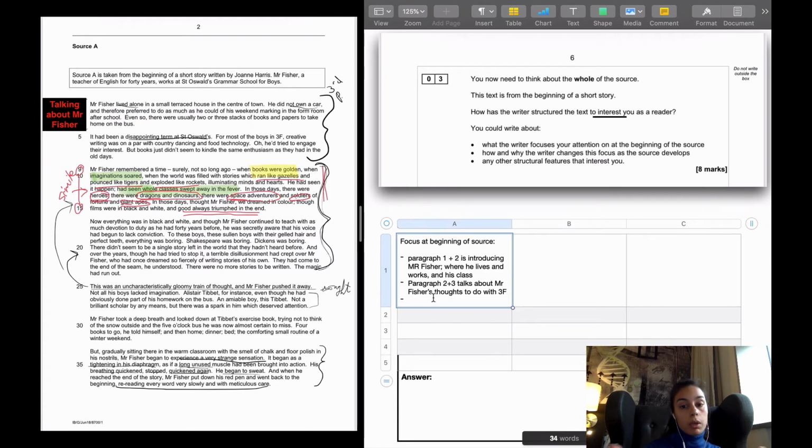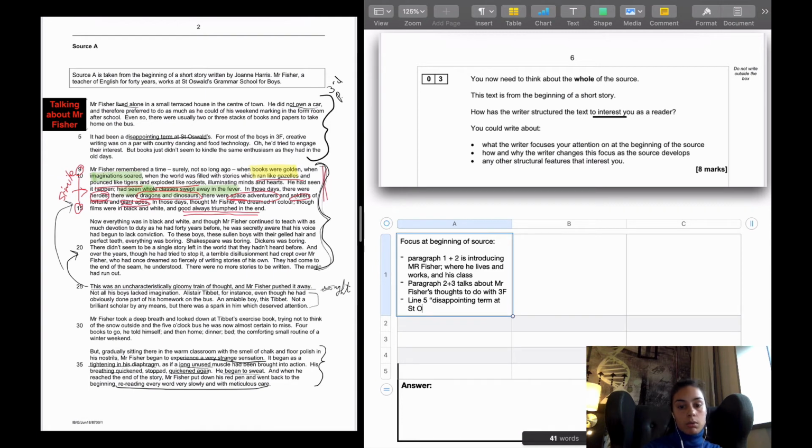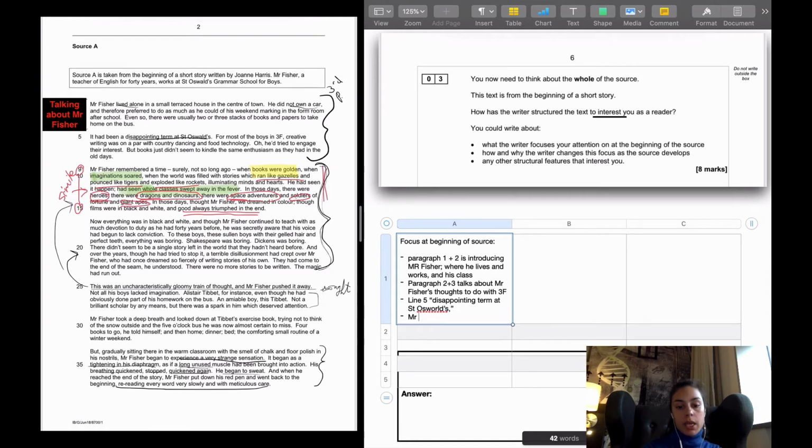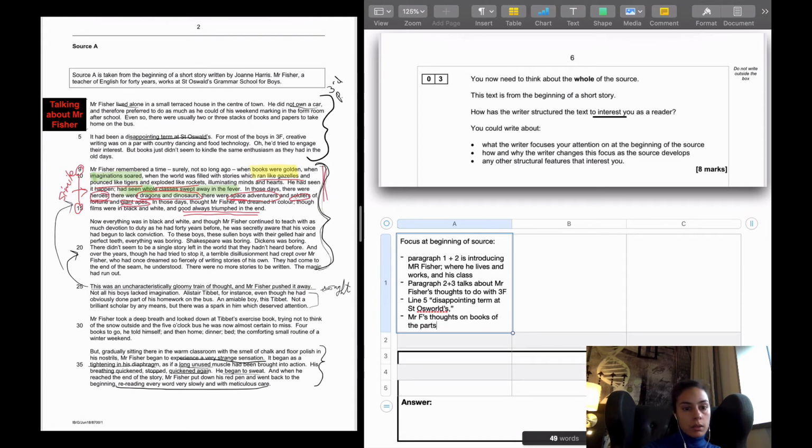And also you can put a line number. So in your paper when you're writing, you can write a line. So line 5, "disappointing term at St. Oswald's." You've also got Mr. F's thoughts on books of the past.